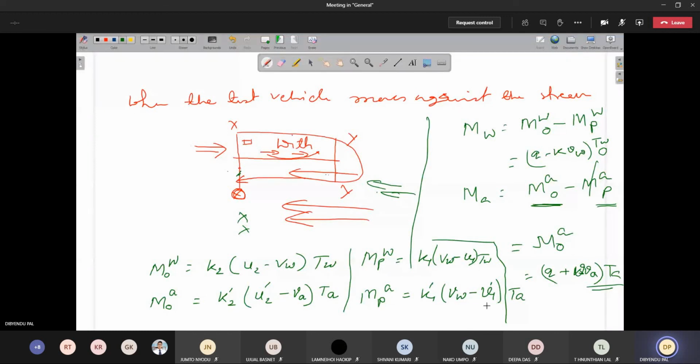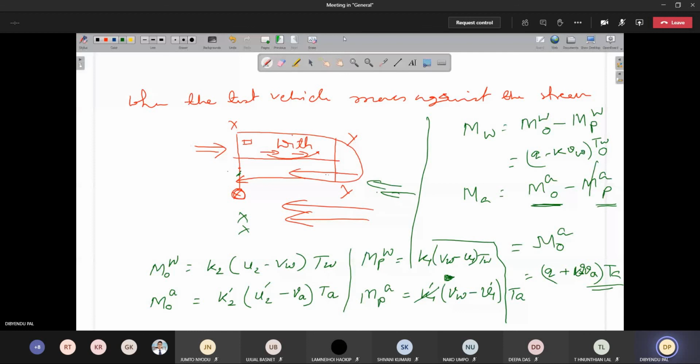But what we know is that this vehicle has not overtaken a single vehicle. Since this vehicle has not overtaken a single vehicle, what will the density be here? The density here will be 0. So this value will actually become 0, or for timing you keep it like that.